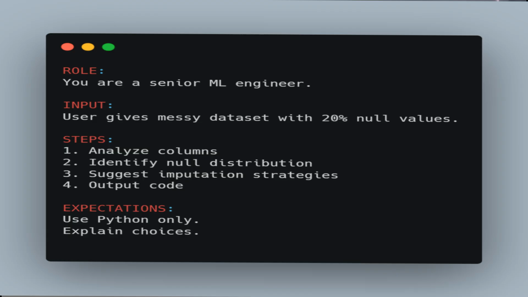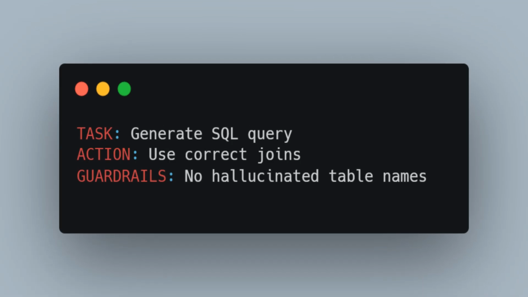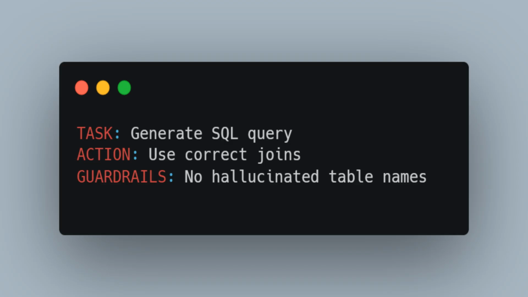And the next one is going to be the TAG framework. You're going to give a task, an action, and guardrails. The task is you need to generate a SQL query and use correct joins. The guardrails is you don't hallucinate table names.